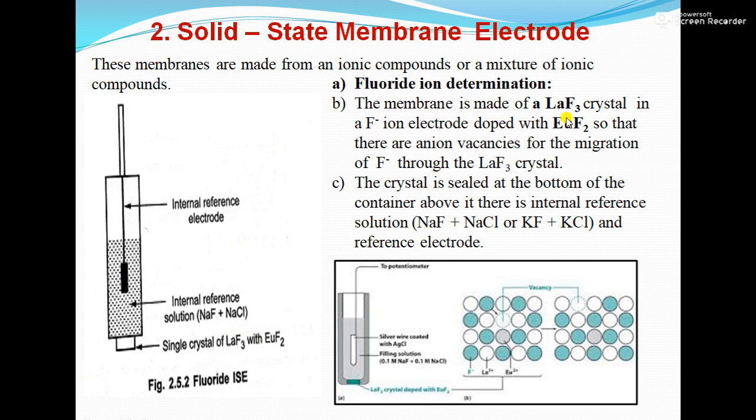So that means lanthanum fluoride is doped with europium fluoride. That means here is 3 fluorine, here is 2 fluorine. So there is a vacancy of 1 fluoride. So you can see this single crystal of LaF3 with EuF2, it is at the bottom, and which is acting as a membrane for transfer of fluoride ions.